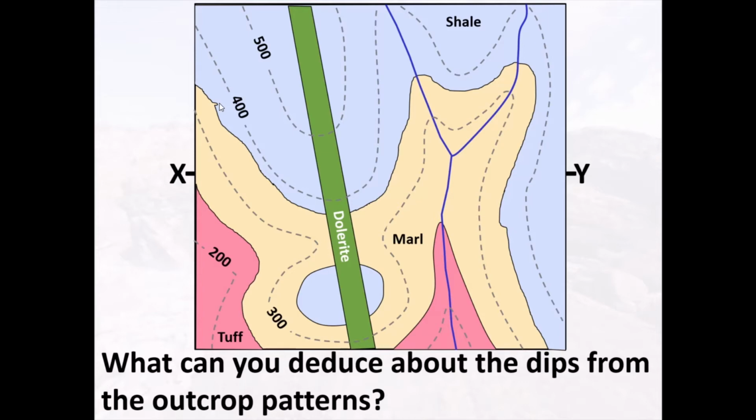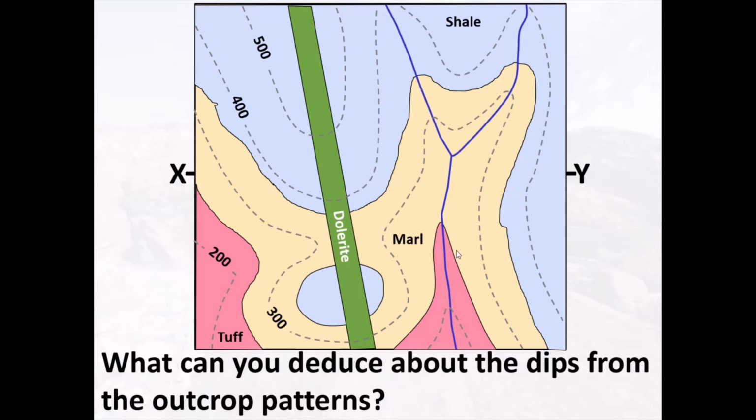So the first question then is, what can you deduce about the dips of the sedimentary rocks from the outcrop patterns? Well, if we look at the sediments, the contacts between them, between our red and our yellow for example, and our yellow and our blue, we can see that those contacts follow or are parallel, or semi-parallel for the pedants amongst us, to the ground contours.